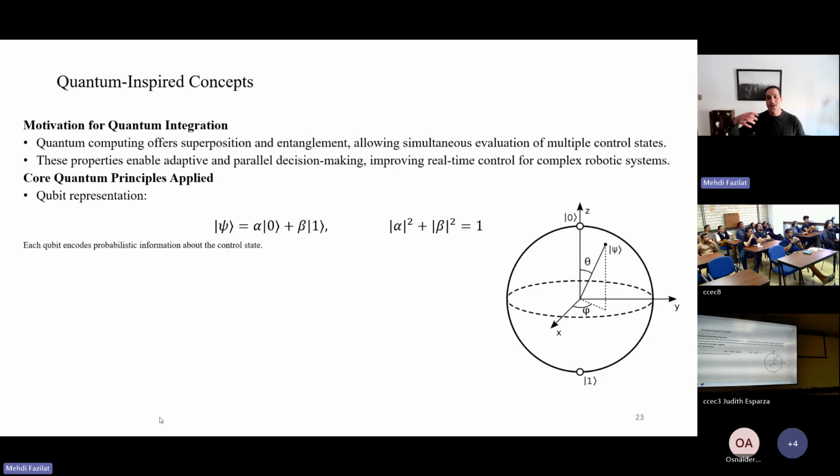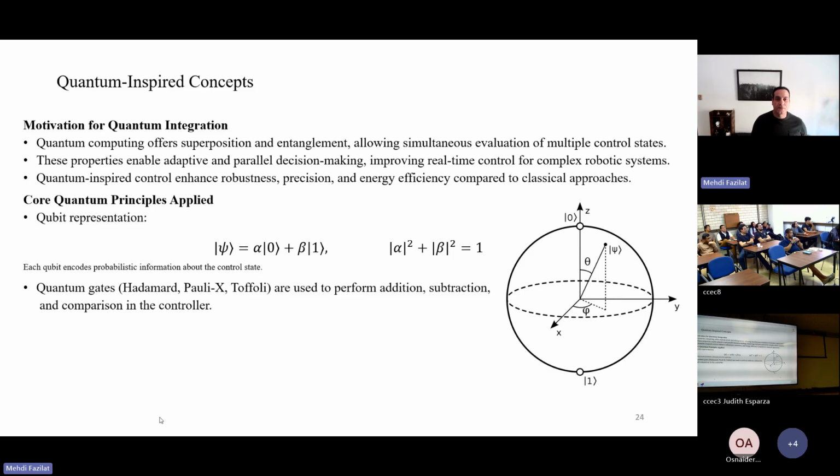Opposite to the classical bit that we use in the classical computer, which has just two states, 0 and 1, a qubit in the quantum approach can have any state between 0 and 1, which means it has the ability to handle many states at the same time. This is one of the great benefits of quantum computing.